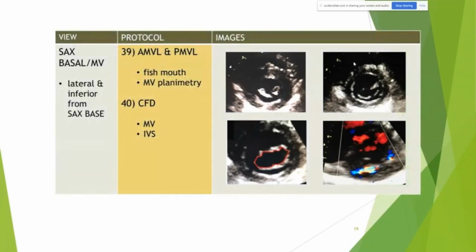Literally. All right, so your mitral valve, this is in short axis. This is your anterior mitral valve leaflet, your posterior mitral valve leaflet. So, Hannah, question for you. Is this diastole or systole?